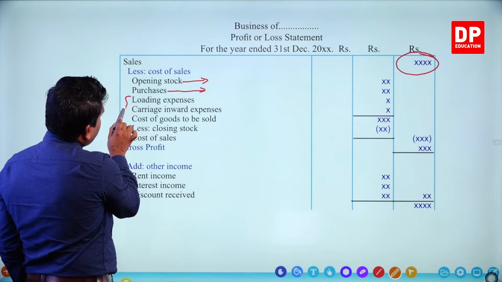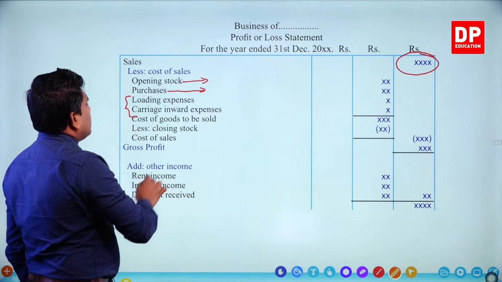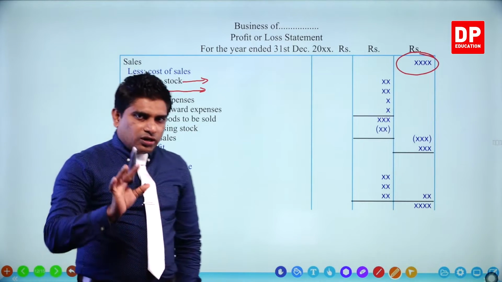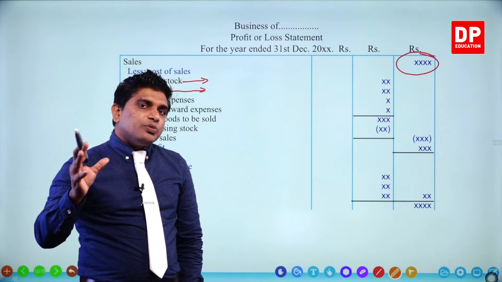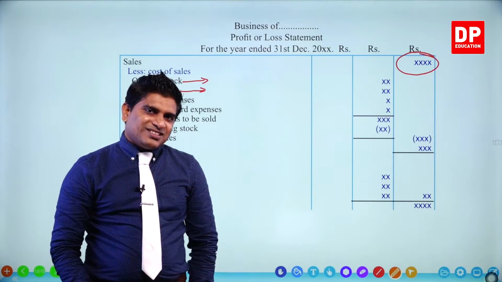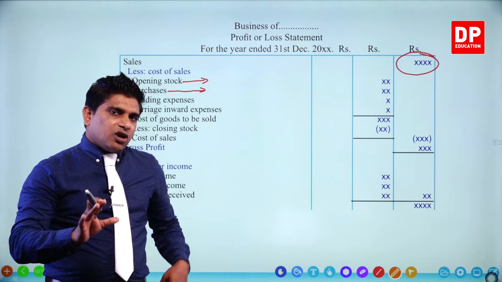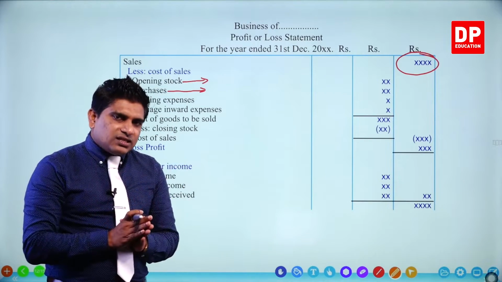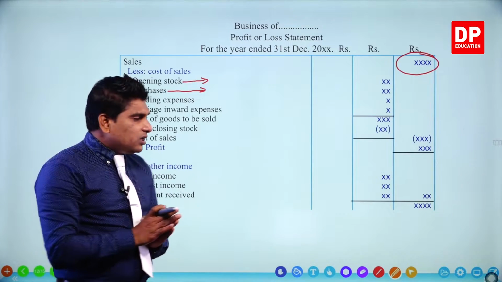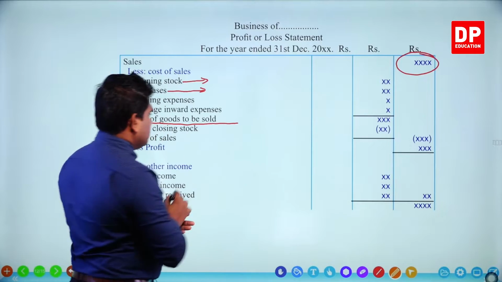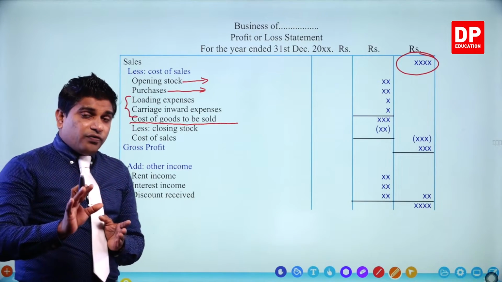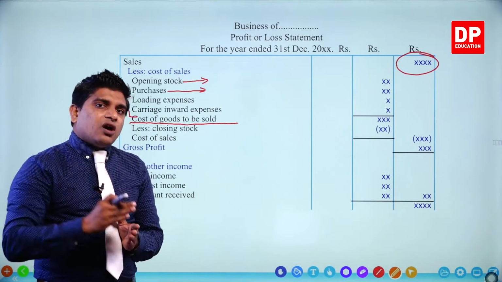There are how many? 2. Loading charges and carriage inwards. Not only that, import tax and all other purchase related expenses are to be added to the purchase. Before you subtract closing stock, the answer is called cost of goods to be sold.